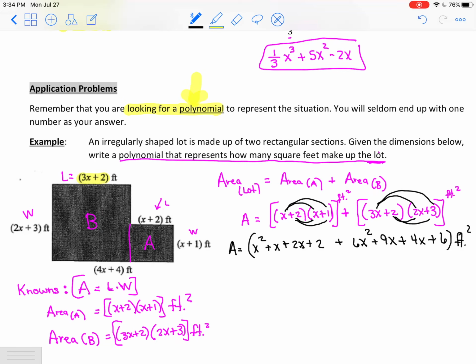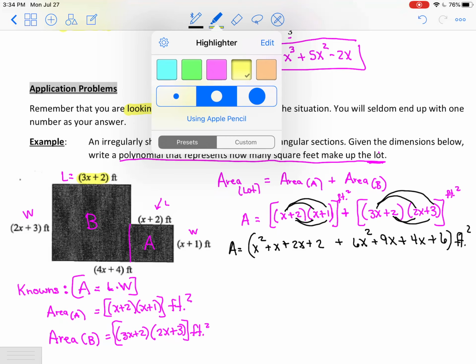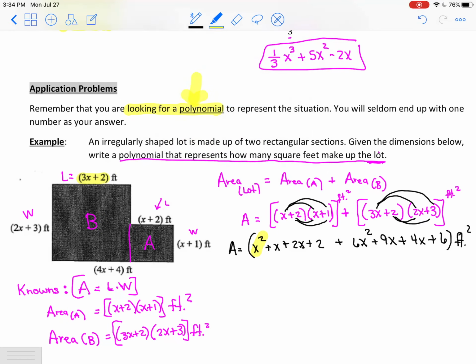All right, so I got a lot of stuff going on here, and I can see that I have terms that I should be combining. So whether you want to stack these, whether you want to just box and circle, I'm just going to highlight just because it's a little bit easier when I'm using my iPad here. Okay, I've got some squares here, and looks like I've got x's here, here, here, and here.